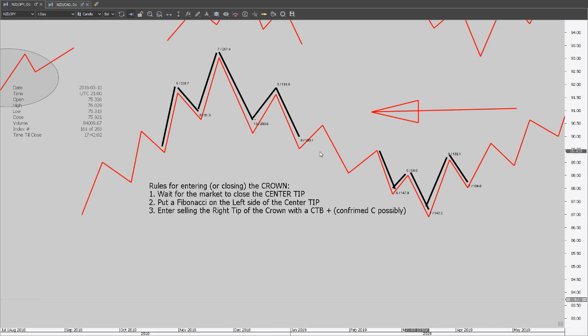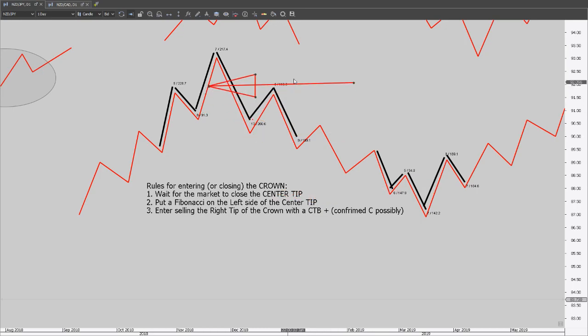So we're going to use this as an example, right? Wait for the market to close the center tip. So we are here waiting. The market closed the center tip. So we are waiting for this one.